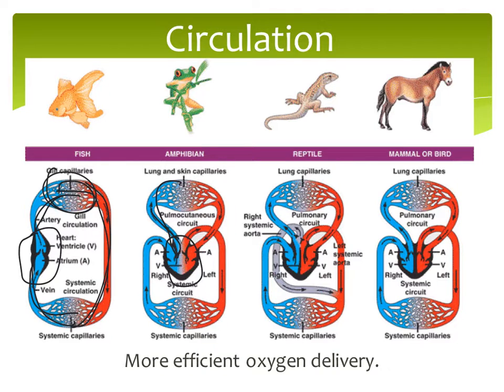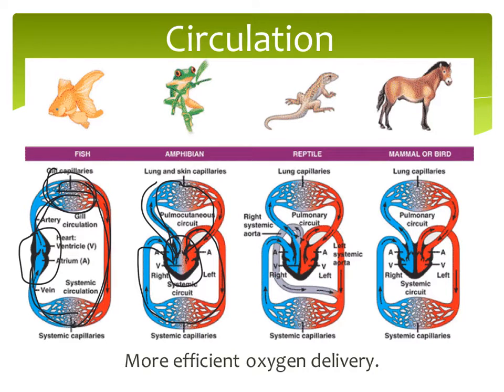It's going to pick up oxygen, dump off carbon dioxide, return to the heart, where it then gets pumped out to the body, drops off the oxygen, picks up carbon dioxide, heads back to the heart to start the process all over again. The reason that this developed, and the reason that this is better than in the fish, is that it's more efficient in oxygen delivery.